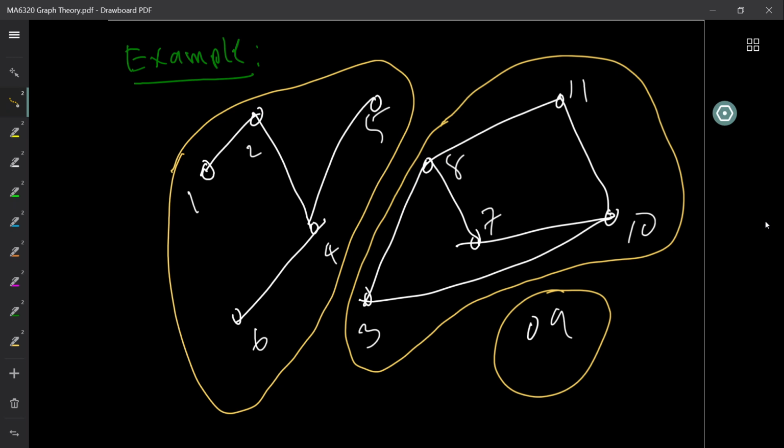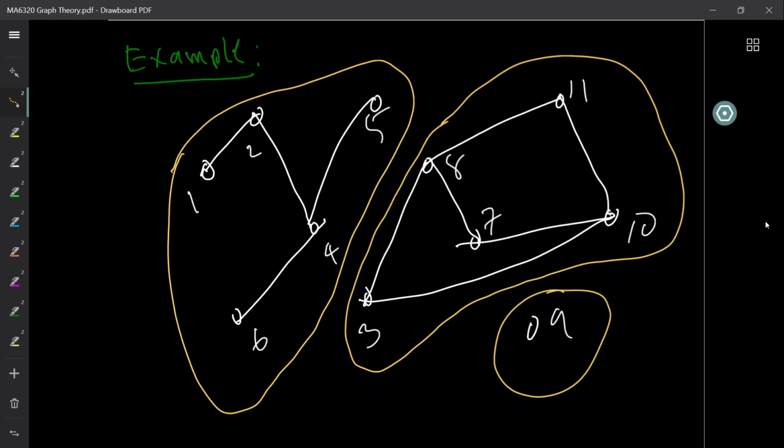If you look at the entire graph, the equivalence class is this big part, and the reason is because of transitivity, right? If 8 to 10 are reachable, and then 10 to 3 is reachable, therefore 8 to 3, or 11 to 10 is reachable, and 10 to 3 is reachable. So 11 to 3 is also reachable, and therefore in the equivalence class, all these vertices will come together, right?